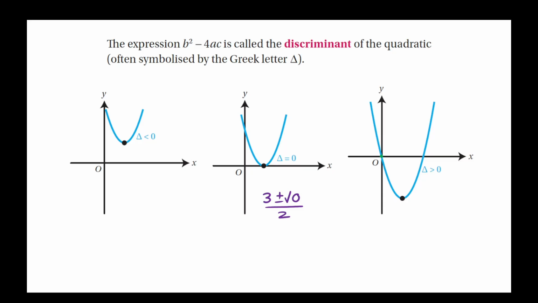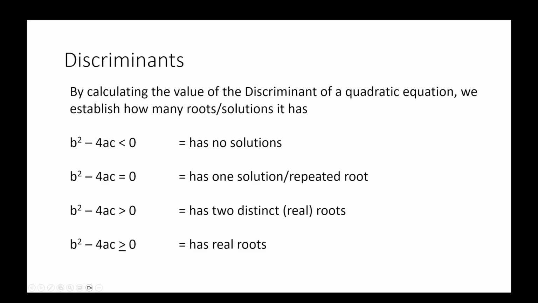If the square root is equal to 0, then the plus or minus becomes pointless, so all we end up with is the fraction, and so it's going to produce just one solution. If we end up with a discriminant that is greater than 0, then we're going to end up with two distinct values. And what that looks like is this.